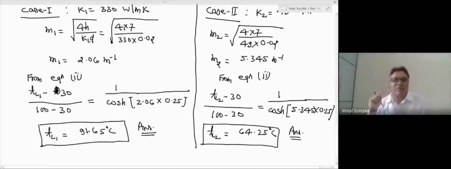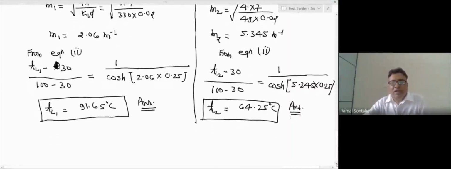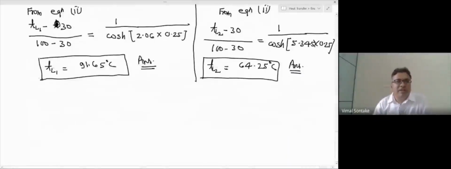Please check whether all of you have got the same answer. Now, as you can see here, when the thermal conductivity of the fin material was copper, its tip temperature is 91.65 degrees Celsius.